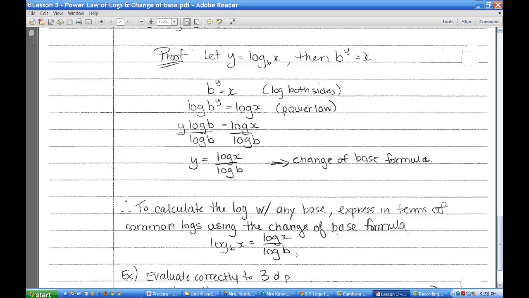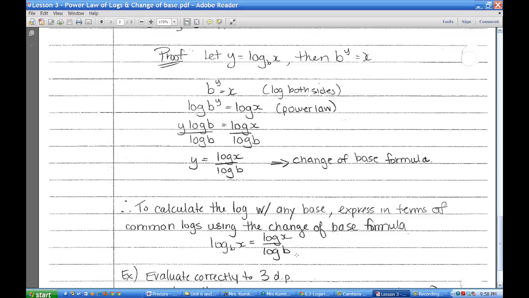Remember in the previous lesson when I was telling you how to find the log of something on a calculator: to find a log with a base that's not 10, you had to divide the log of the answer by the log of the base. So this is the case. Now this is called the change of base formula or rule.